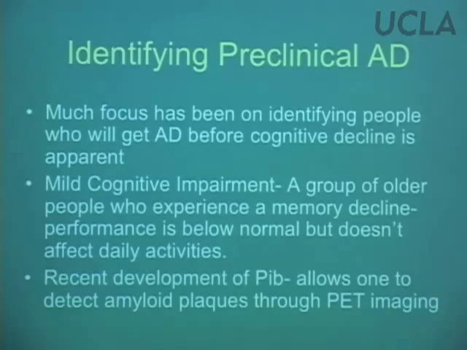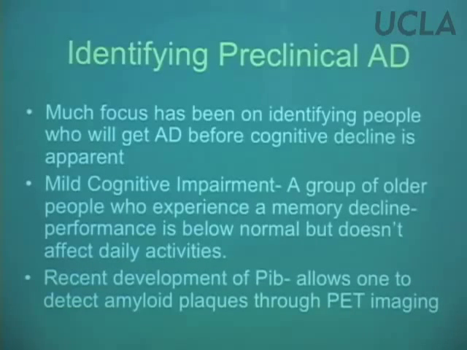And it seems that people who maybe don't have a diagnosis of Alzheimer's disease yet, but have plaques in particular regions like medial temporal lobe, entorhinal cortex, and hippocampus, have a very high rate of converting soon, in the next year or so, to a diagnosis of Alzheimer's disease.